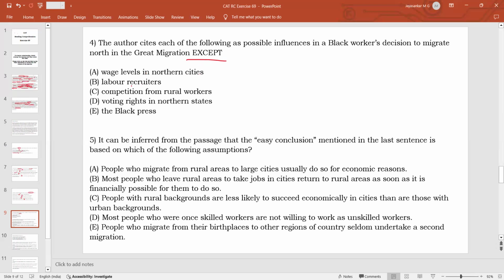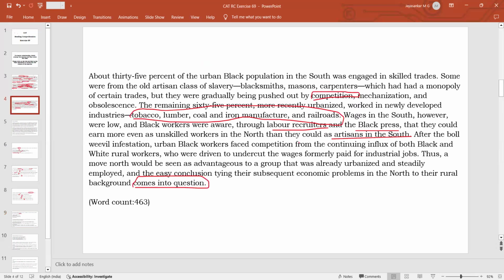So this is definitely a reason. Labor recruiters. Again, the passage says that the black workers understood from labor recruiters and the black press that they could earn even more as unskilled workers in the north than they could as artisans in the south.